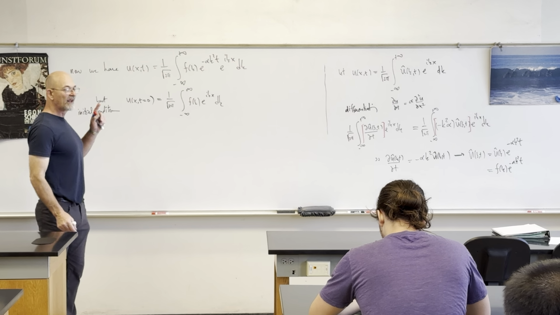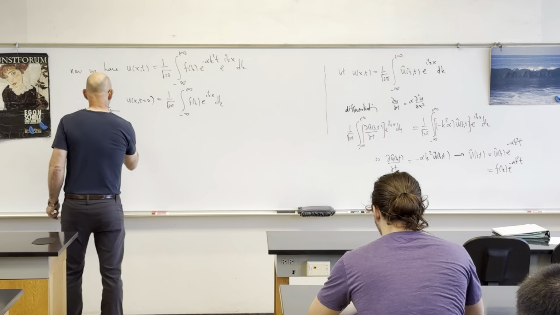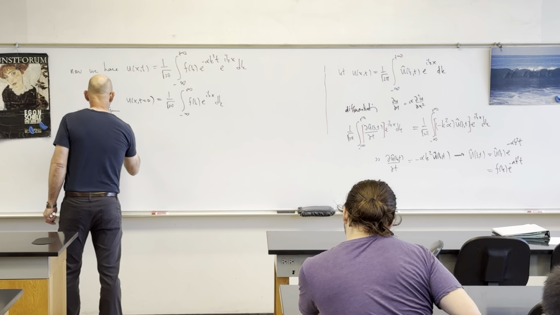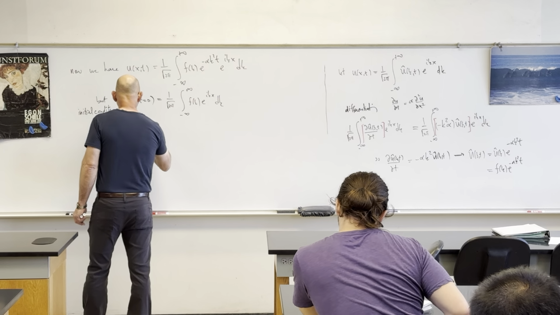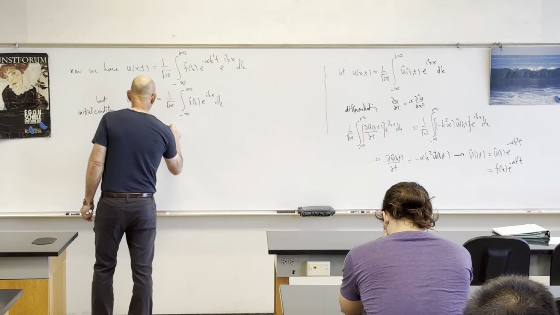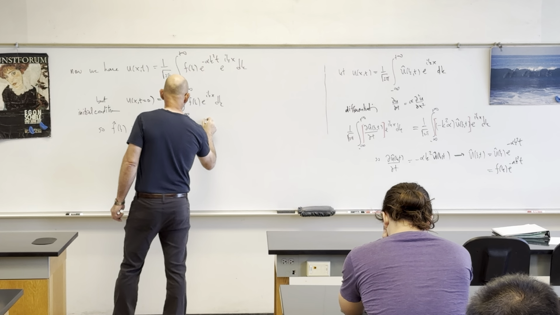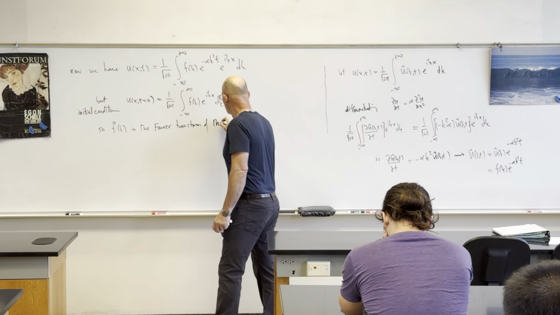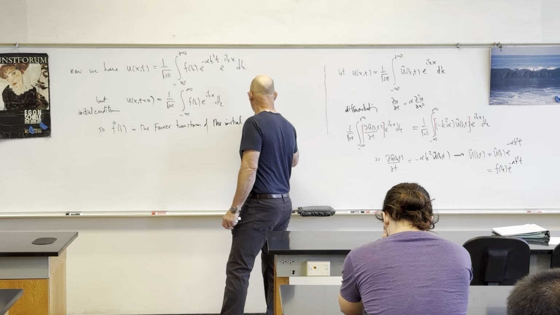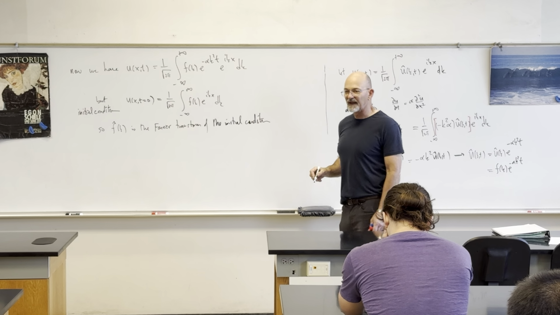It is the Fourier transform of the initial condition. So f hat of k is the Fourier transform of the initial condition, u of x and t equals 0. My notes, I gave it another name, but I think we just leave it f.